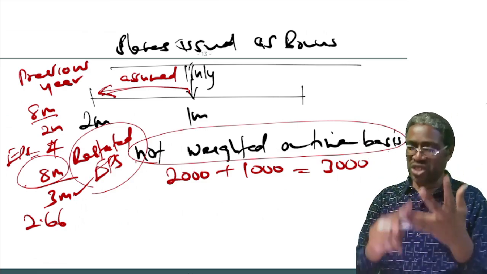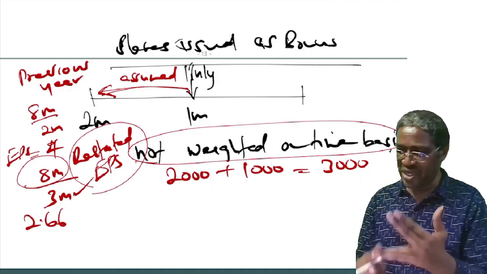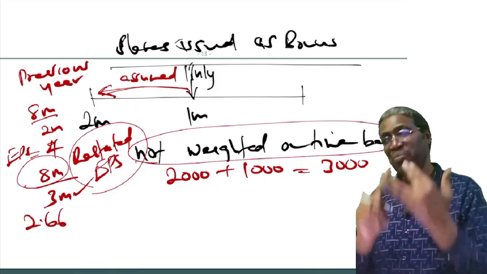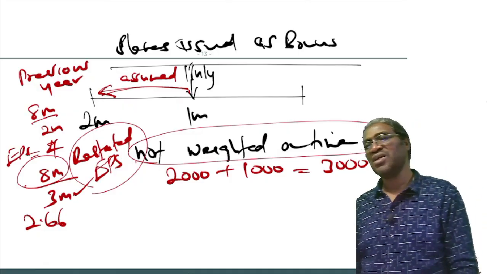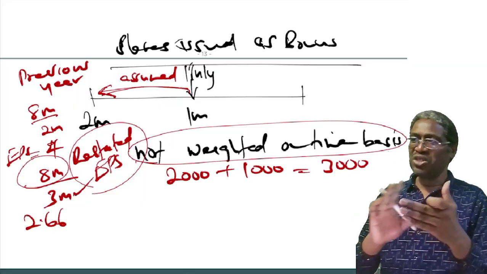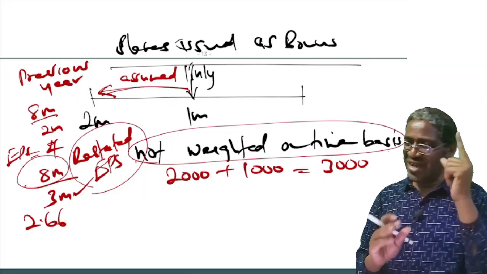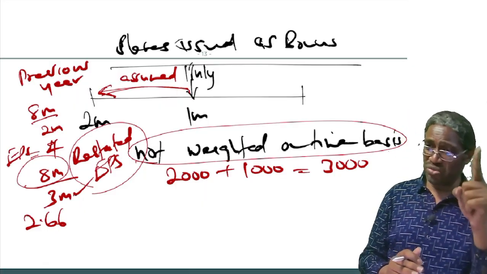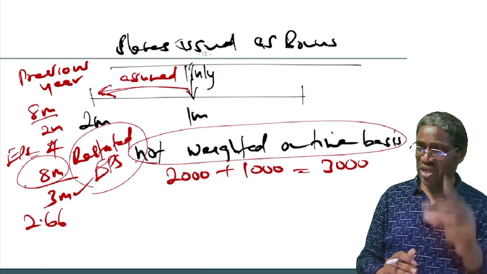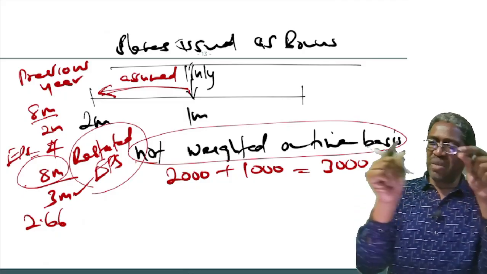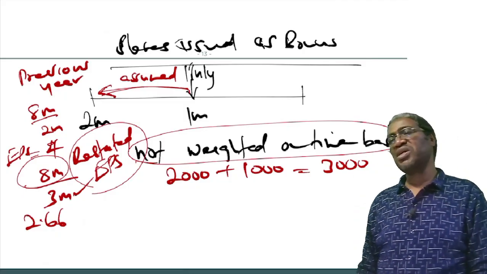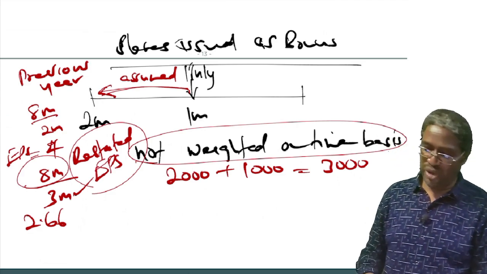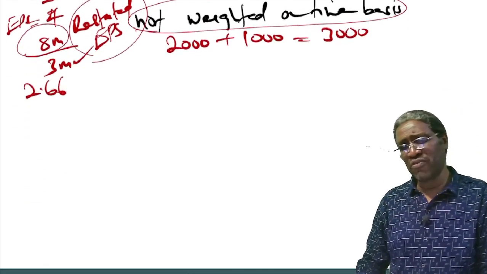Number 2, when shares are issued at full market price, they are partly paid, only consider them to the extent that they are fully paid. Number 3, when shares are issued as bonus, they are never weighted on time basis because they are assumed to be issued from the beginning of the year. The other key point is the EPS of the previous year should be restated for comparison purposes. Good. We now go to the fourth item.